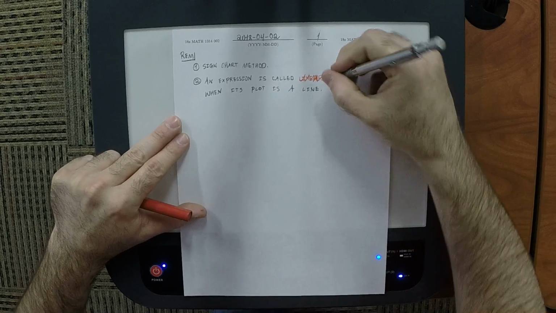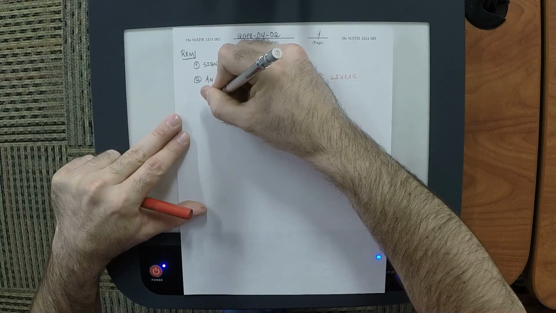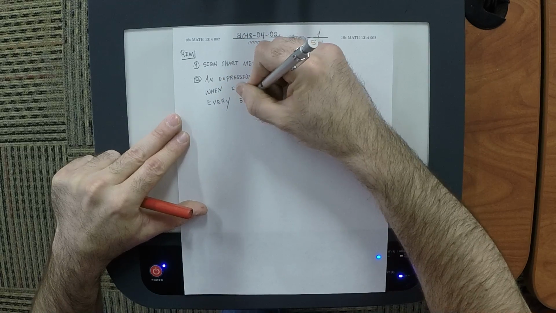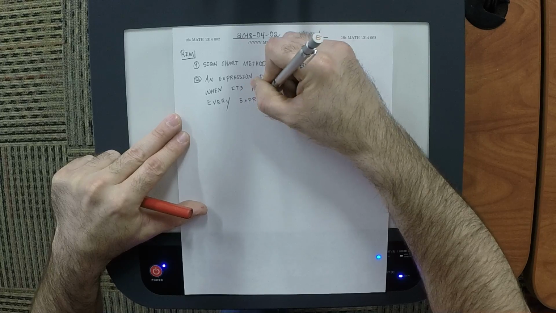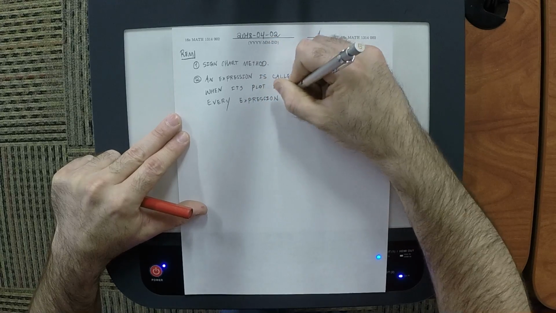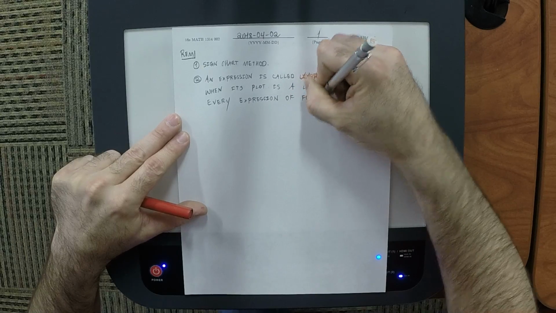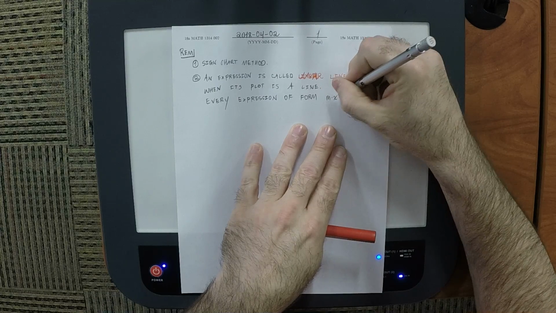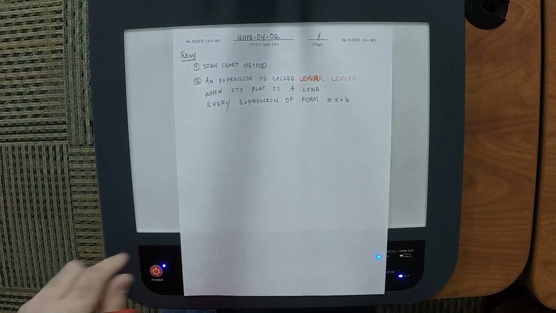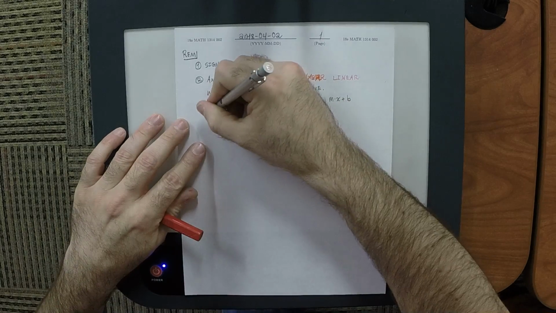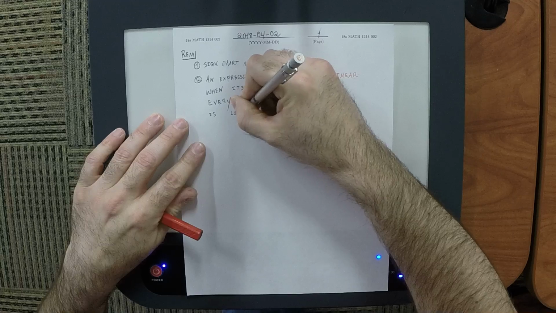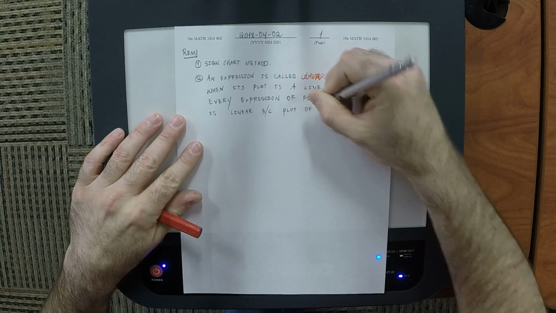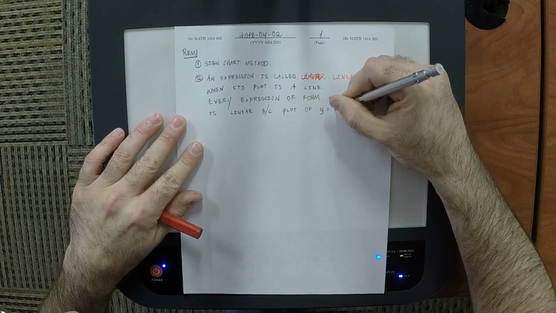So in particular, every expression of the form mx plus b is going to be linear. Because the plot of y equal mx plus b is a line.